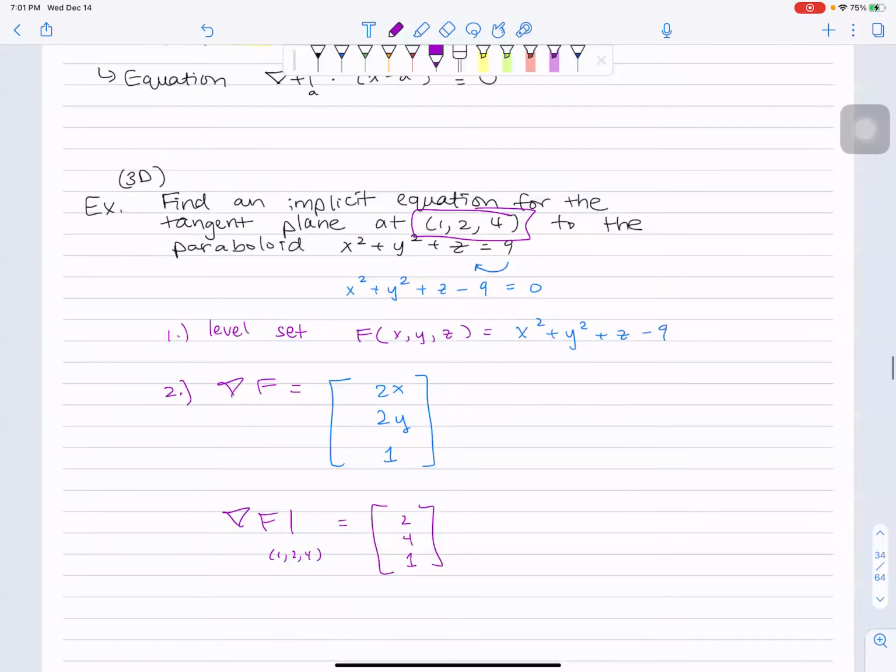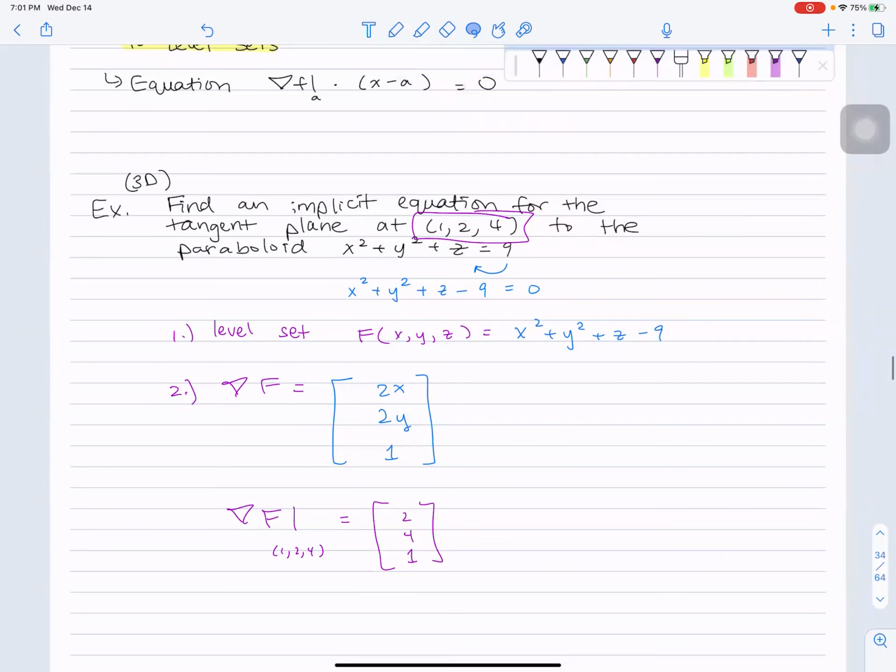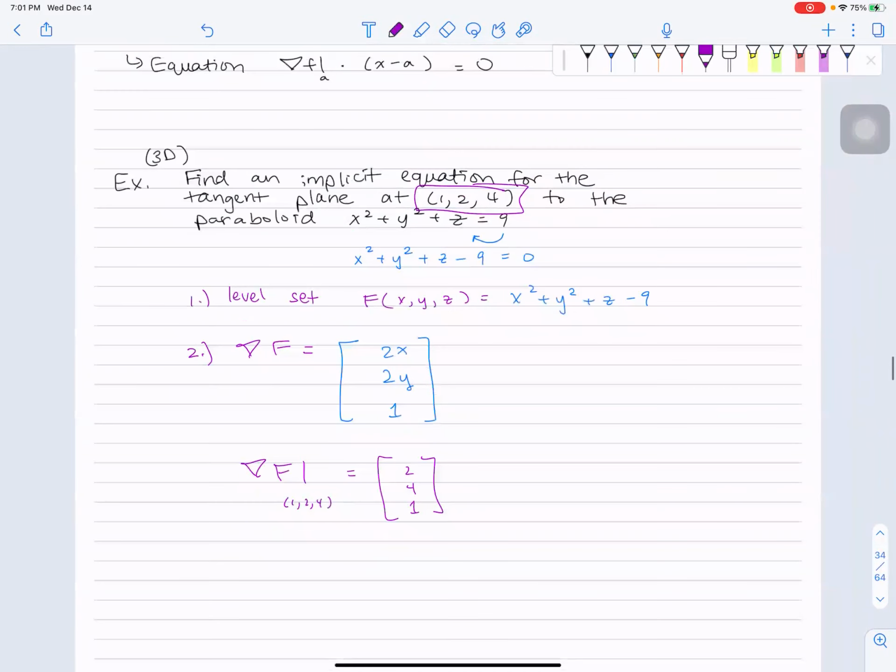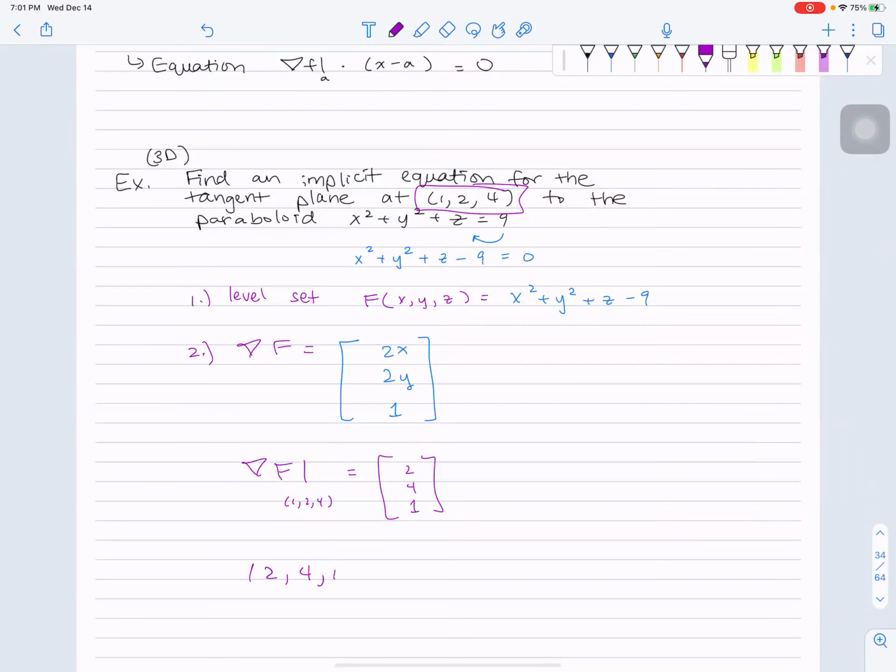Okay, and now I just follow my equation. I have my gradient, 2, 4, 1, dotted with all the variables minus their original points. That's what this x minus a thing means. So I have x minus the original x, which is 1, y minus the original y point, which is 2, and z minus the original z point, which is 4, equals 0.